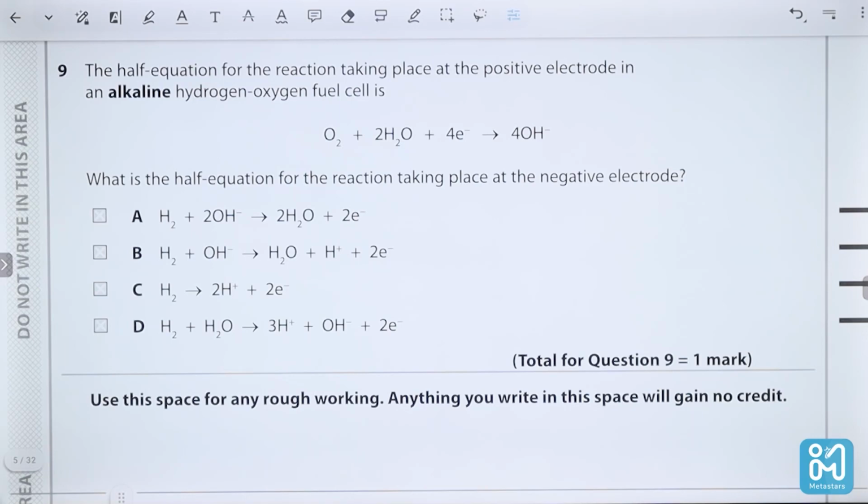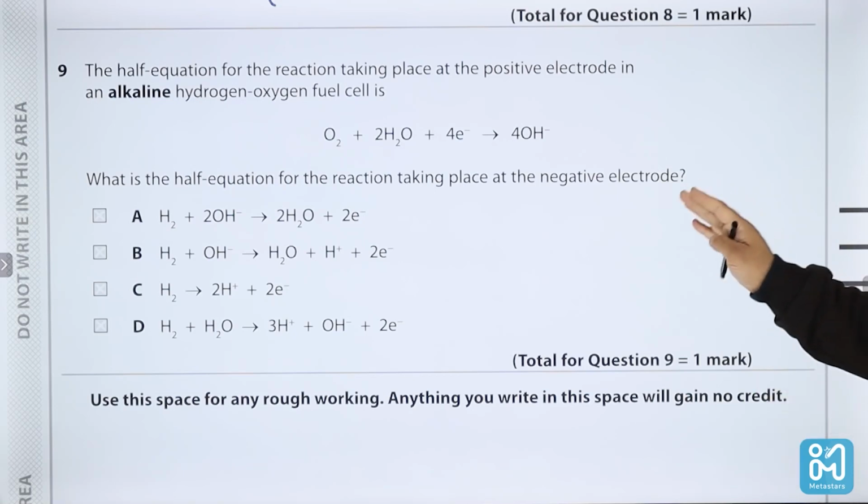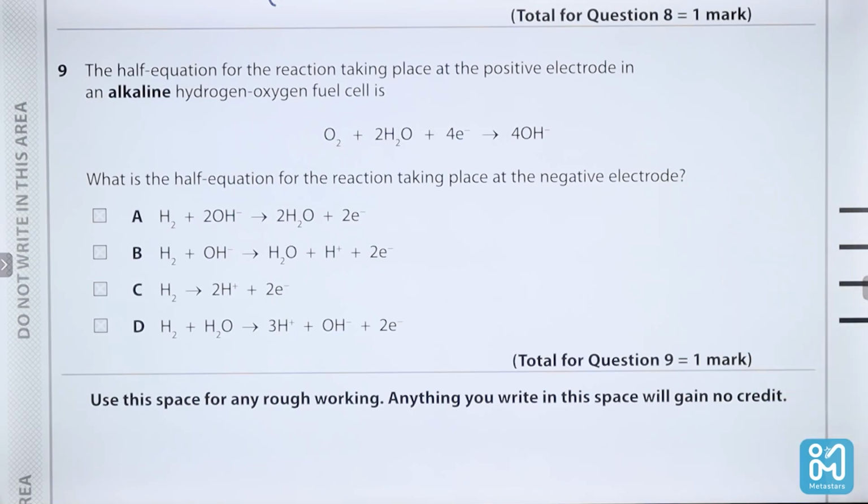The half equation for the reaction taking place at the positive electrode in the alkaline hydrogen oxygen fuel cell is O2 plus 2 water molecules and 4 electrons to produce 4 hydroxide ions. What's the half equation for the reaction taking place at the negative electrode?